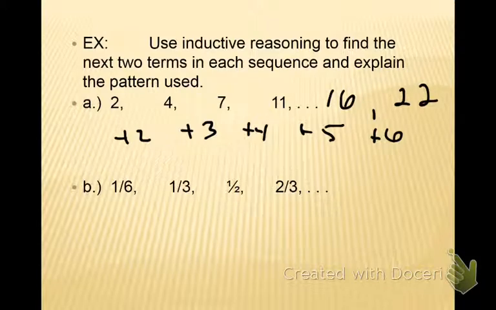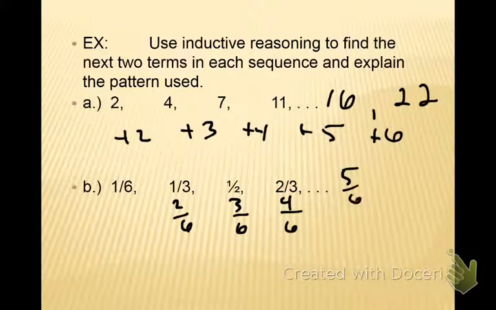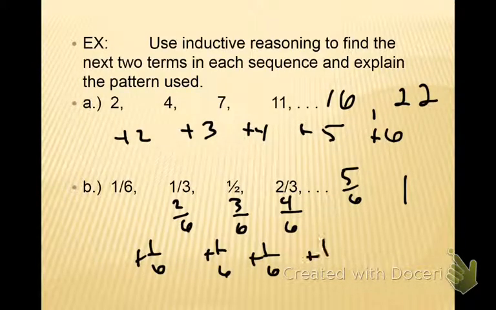So one thing we might need to do in a situation like this is keep finding common denominators, because like you said, it was simplified. Good. And so the next two numbers would be? 5/6 and 1. Good. That's just because we're adding a sixth every time. Okay, good.